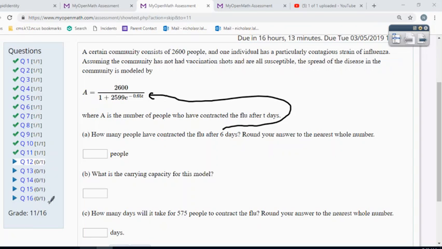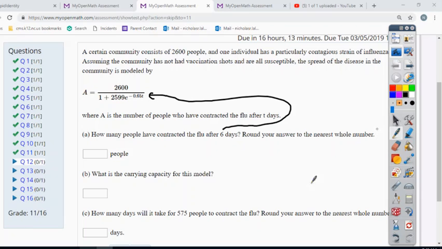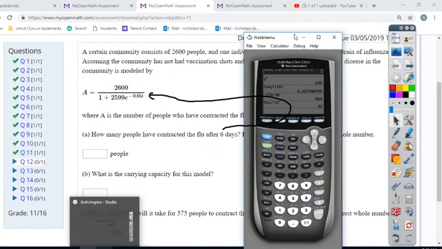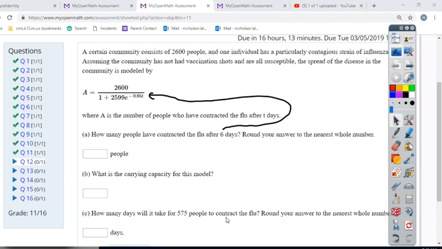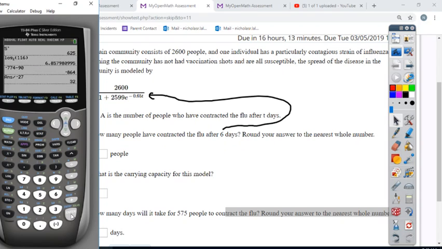So we take out our calculator and we evaluate A equals 2,600 in the numerator, and then 1 plus 2,599, this is more of a calculator question actually, times e raised to the negative 0.65 times t, but this is when t is equal to 6, so times 6.